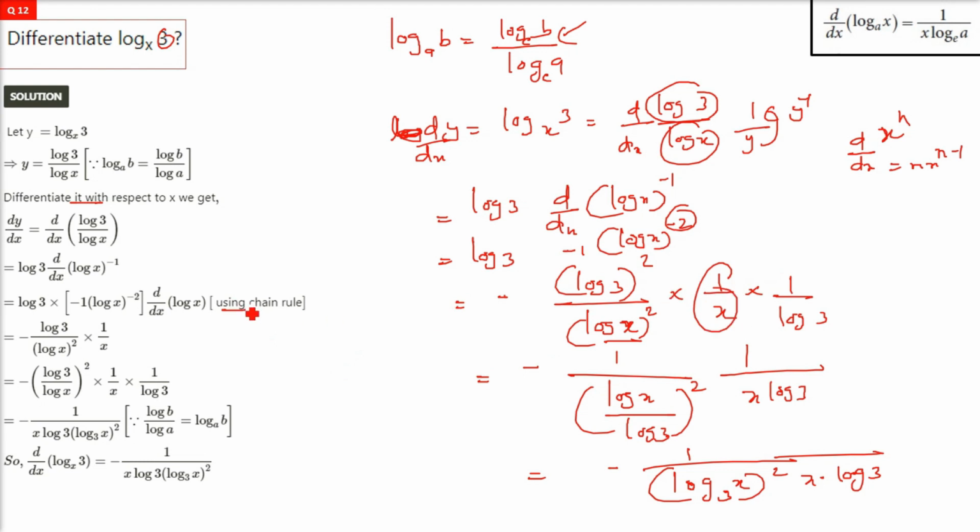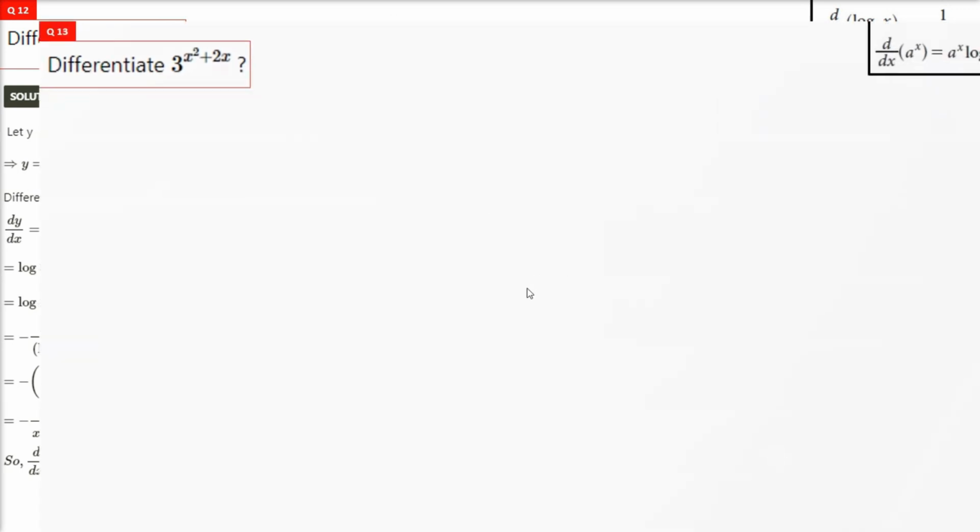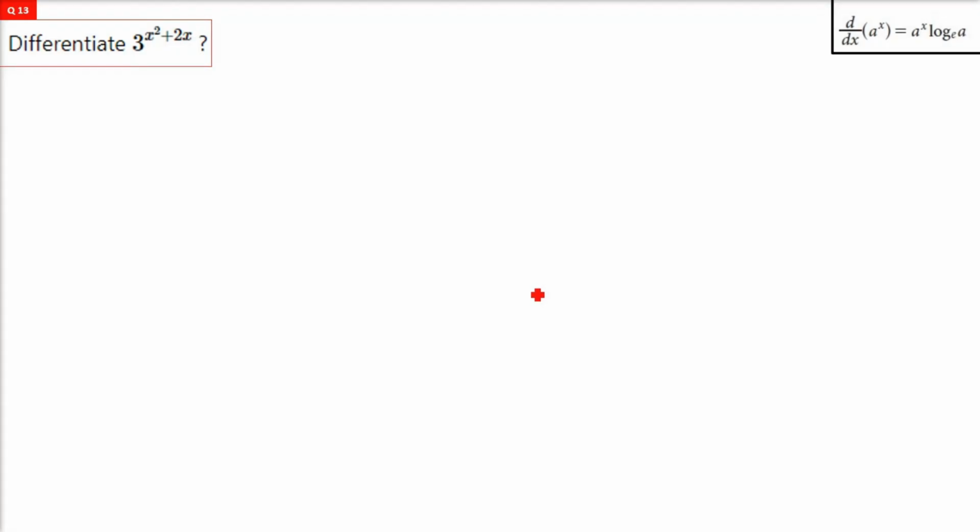So we will be using chain rule, we have been using chain rule, we'll be using the product rule and the quotient rule, all those. But in order to solve all these differentiation questions, this log property and the chain rule property and the other properties you need to understand and know prior to attempting to solve these questions.